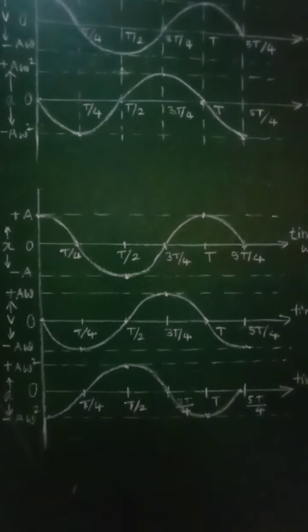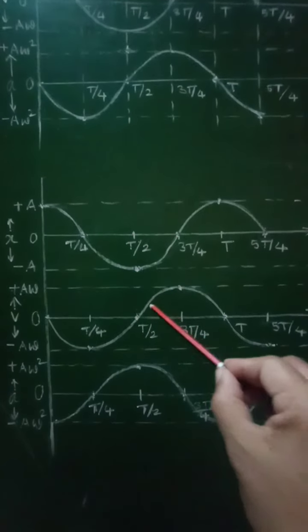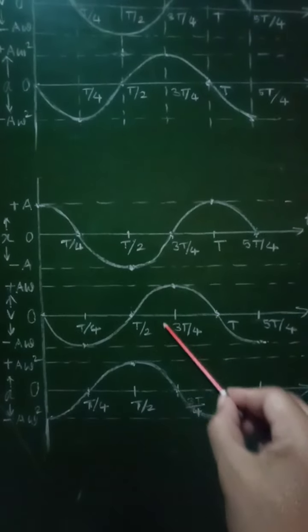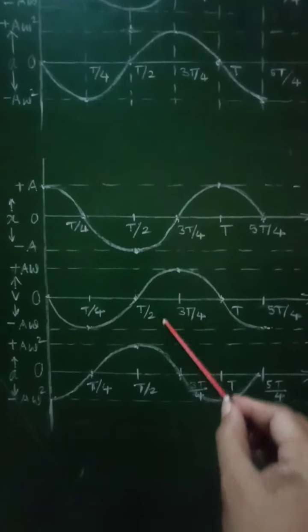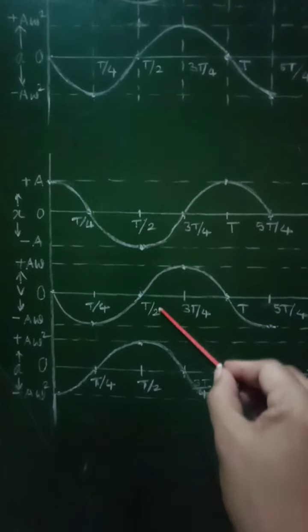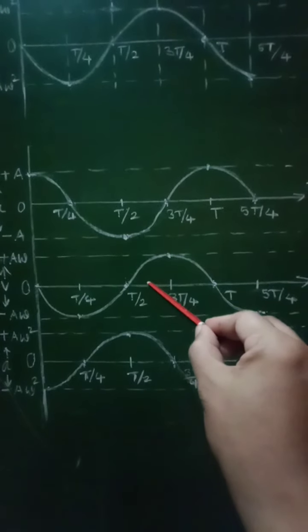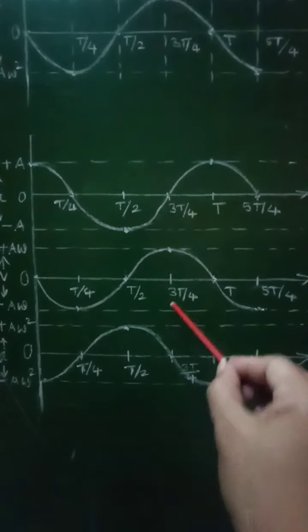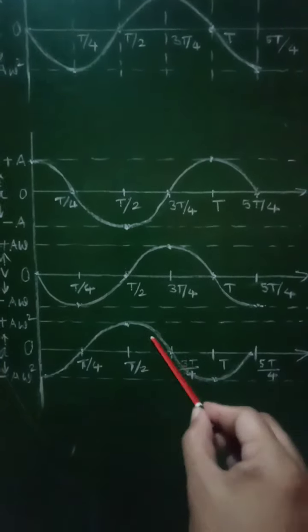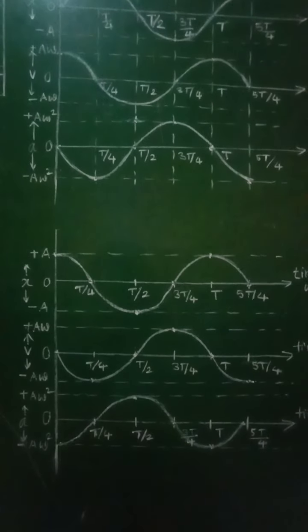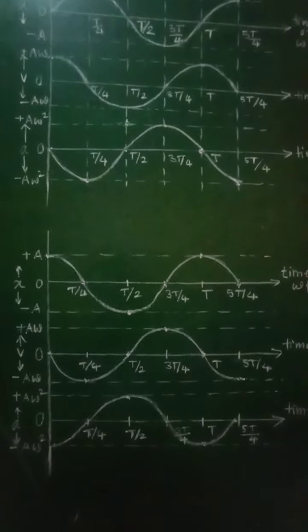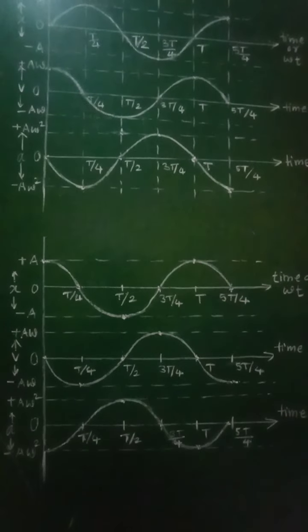Similarly, for the fourth point, if you consider the velocity time curve and the acceleration time curve, then again there will be a phase difference of pi/2 radian between them. So we can say that between displacement and velocity graphs there is a phase difference of pi/2.